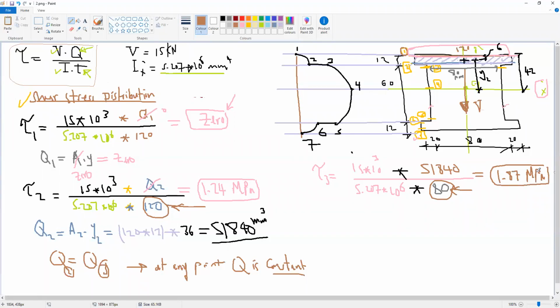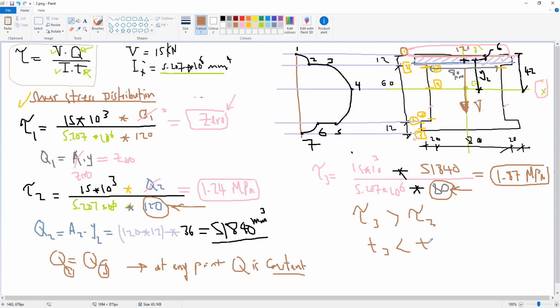Okay. So tau 3 is 1.87, tau 2 is 1.24. Why is tau 3 larger than tau 2? Because T3 is smaller than T2.